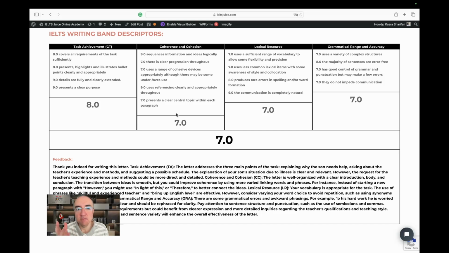Coherence, cohesion, totally fine. Really, paragraphing is okay. Again, we're talking about a letter here. Referencing was fine. I told you about one underuse, a transition in the second body paragraph from the topic of methods to the schedule, and it was missed.